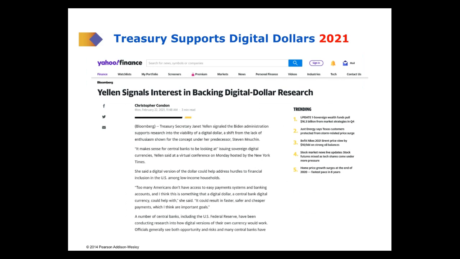Treasury Secretary Yellen, who was the former chairperson of the Fed, has signaled support for this, supporting research into a digital dollar and a direct relationship between the Fed and individual citizens, and maybe the Treasury and individual citizens. So these are some of the ideas being discussed on maybe more direct ways to do monetary policy.